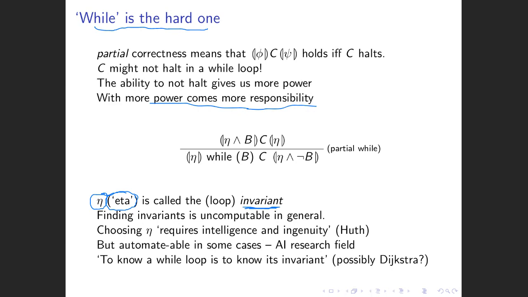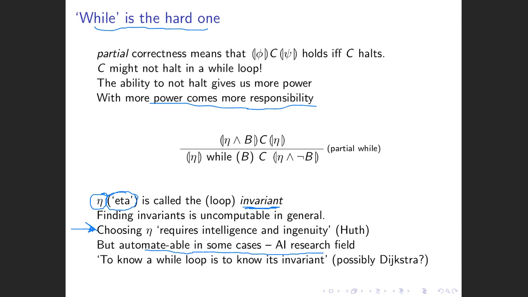Some of the quotes about eta emphasize this mysteriousness. According to Huth, to choose this requires intelligence and ingenuity. These are the kind of things that are usually attributed to humans, rather than to mechanical systems. It may be automatable if you can build an AI that is good enough to do what the human is doing.